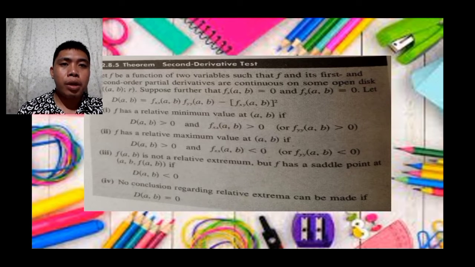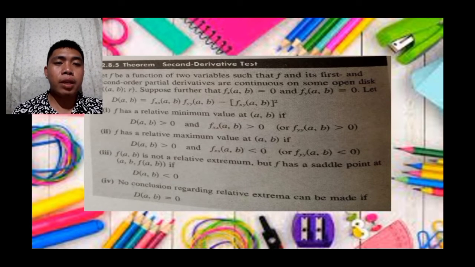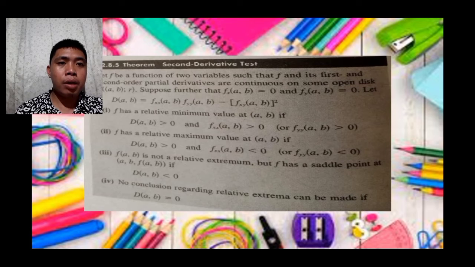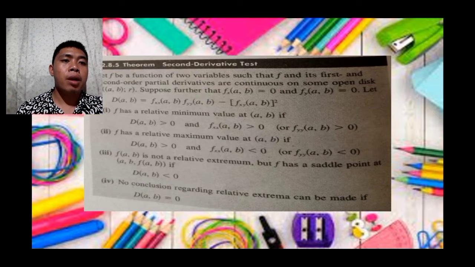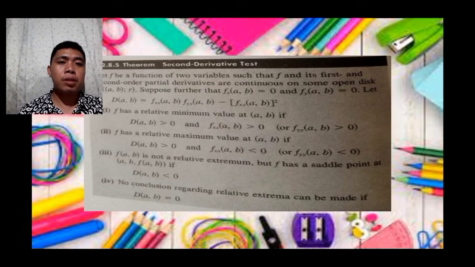First, f has a relative minimum value at (a, b) if D of (a, b) is greater than 0 and f sub xx of (a, b) is greater than 0 or f sub yy of (a, b) is greater than 0.